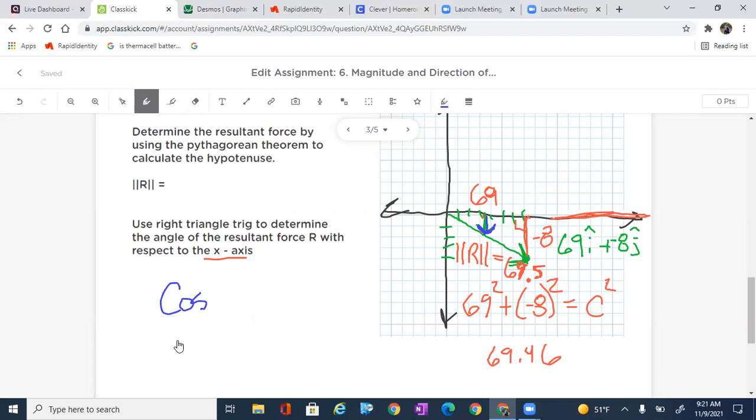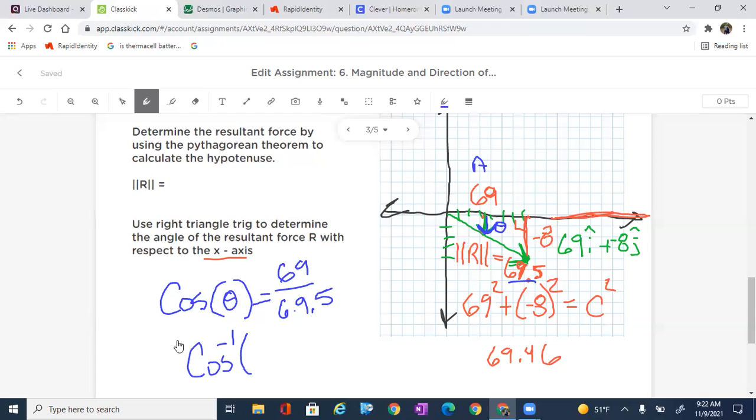I'm going to say cosine of the angle, let's call this theta, equals adjacent over hypotenuse. The adjacent is 69. The hypotenuse is 69.5. So 69 over 69.5. Okay, and we're just going to use the inverse to find that angle.